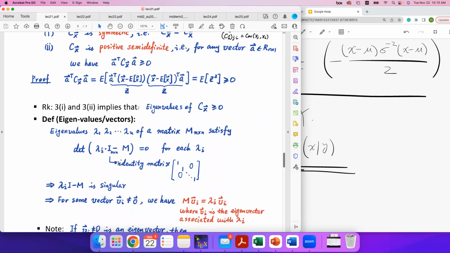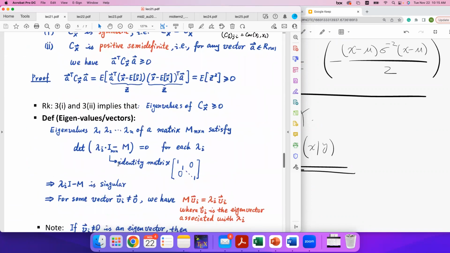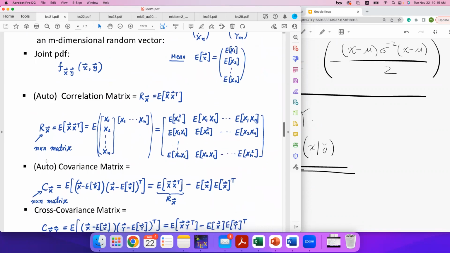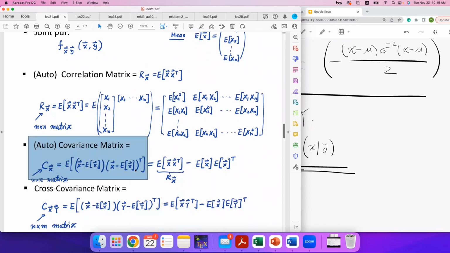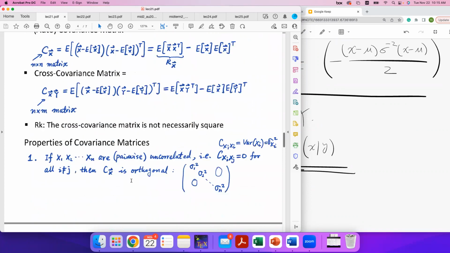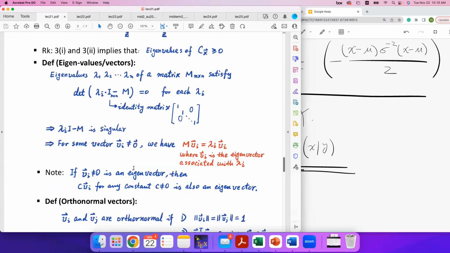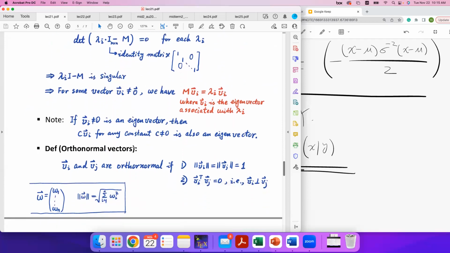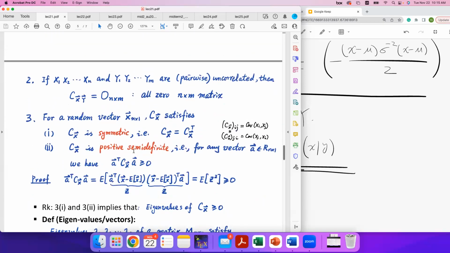Especially for the autocovariance matrix, because it's symmetric and positive semi-definite, we can have this eigen decomposition. In many cases, this decomposition is very useful to help us simplify the calculation and understand the key properties of correlations and covariances in the high-dimensional space.